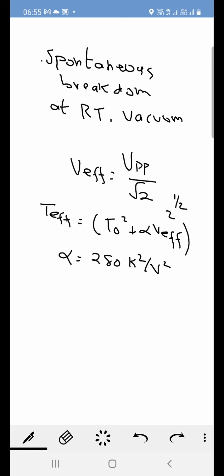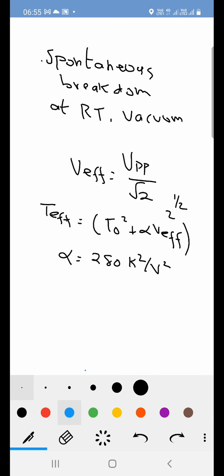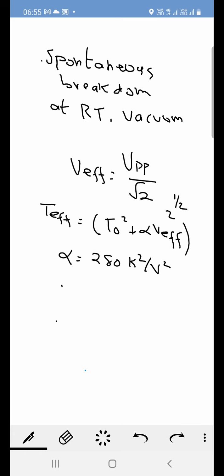So we plot the effective temperature again with respect to voltage. So T effective plot with respect to V effective.